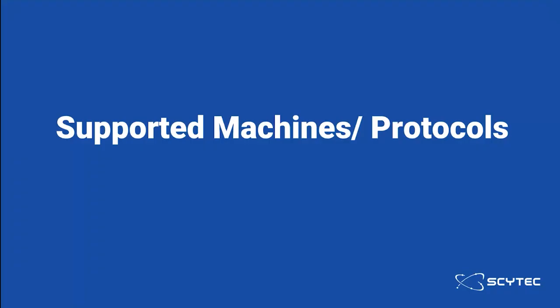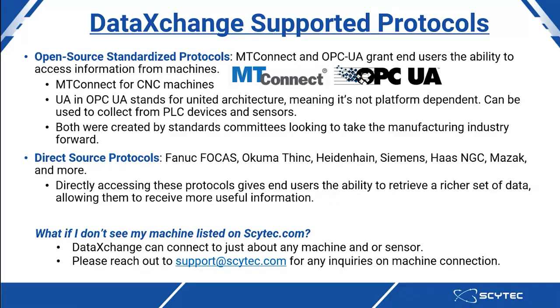Next up, I'm going to be discussing the supported machines as well as the direct access protocols that DataXchange utilizes to collect information off of your machine. As I mentioned earlier, the broadest way for DataXchange to connect to shop floor equipment out on your shop floors is via the open source standardized protocols such as MTConnect and OPC UA, which organizations like AMT, the Association for Manufacturing Technology, are heavily involved with.